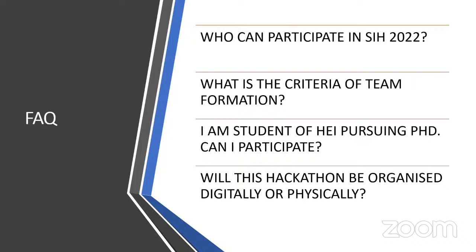The minimum and the maximum requirement is 6 students. From that, a minimum of 1 female member has to be present in the team. It is a mandatory criterion. I'll repeat again: the team should have 6 members, and out of 6, 1 female member must be present.